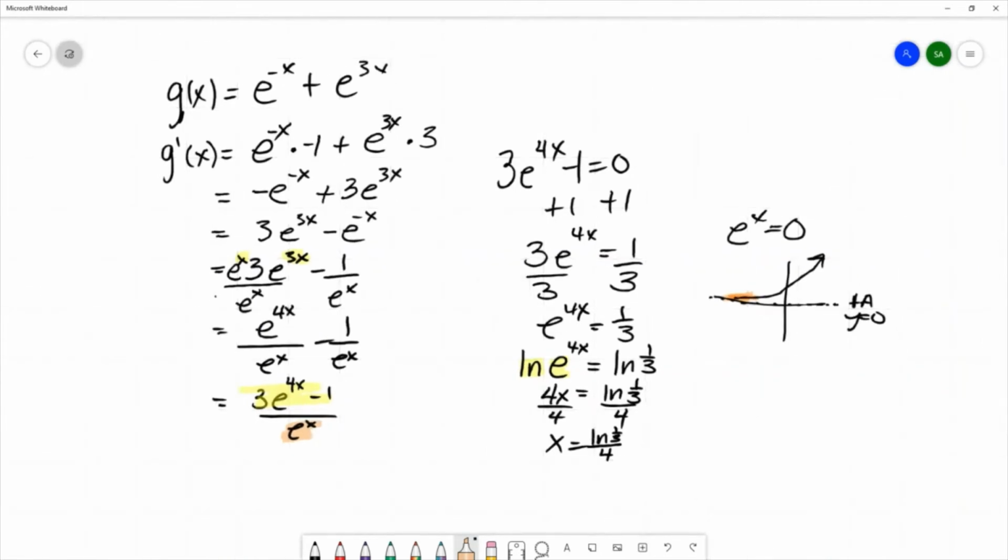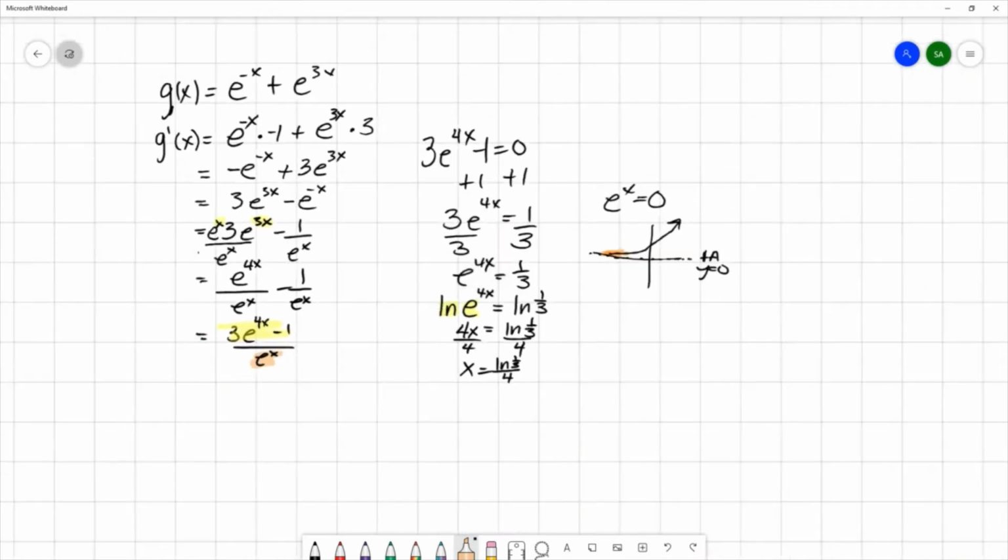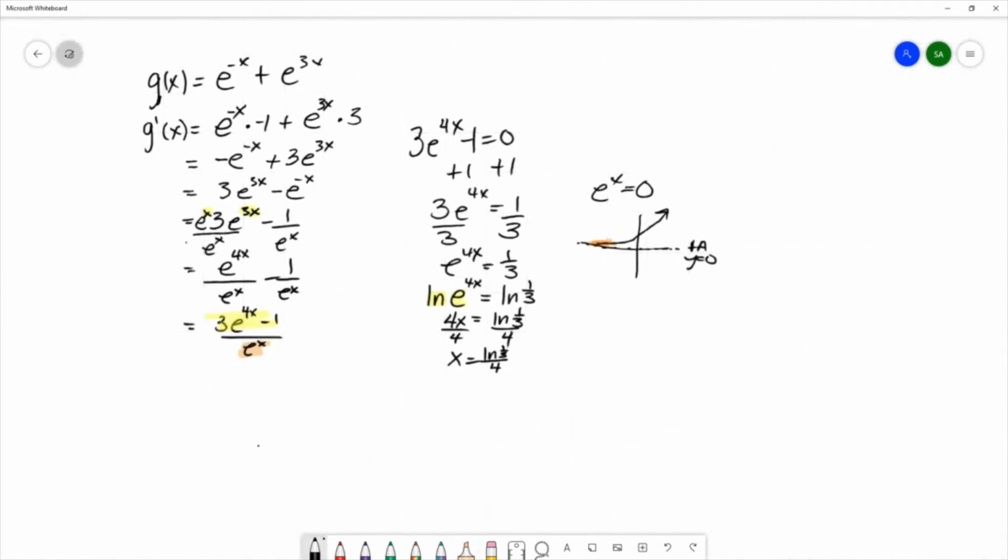So once you get the critical number, you want to put that critical number on the number line. And then you want to pick test points around that. So I'm going to use my calculator to get a decimal approximation for what that is so I can choose my test values.